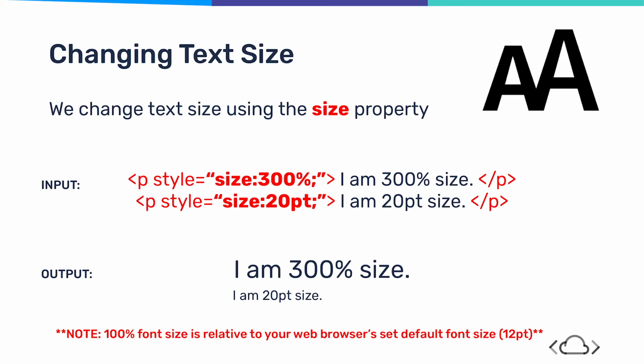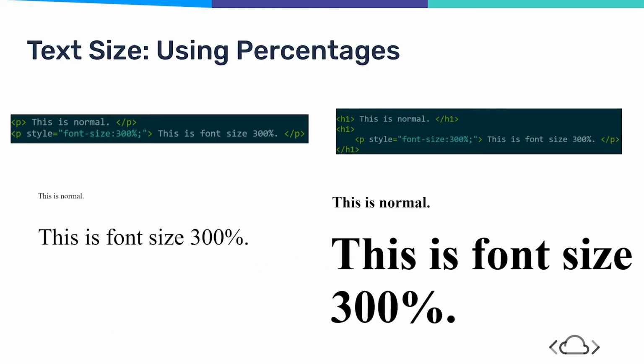This is called responsive scaling, as it responsively scales to whatever device you're viewing the web page in, be it a mobile device or a computer. Your web browser's default font size setting, 12-point size, is 100% font size. By assigning your font size to a percentage, you allow the text to scale with its parent container.